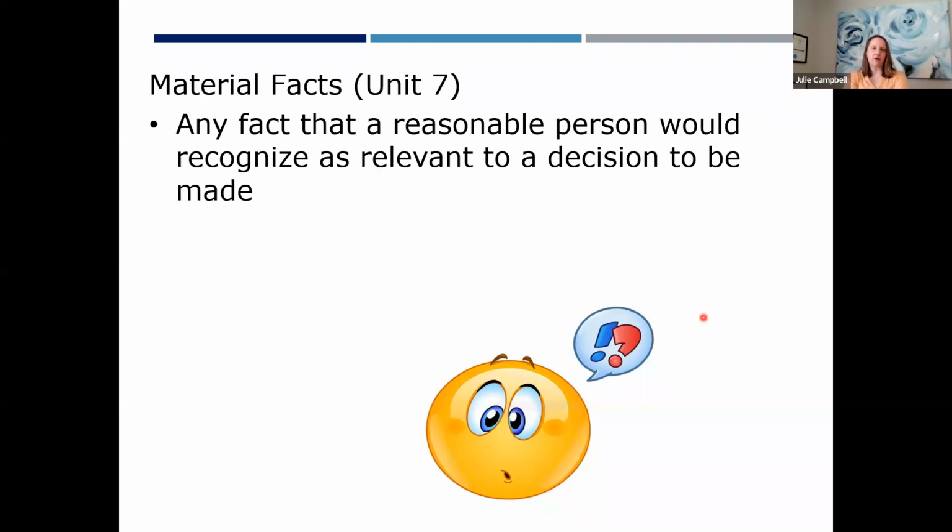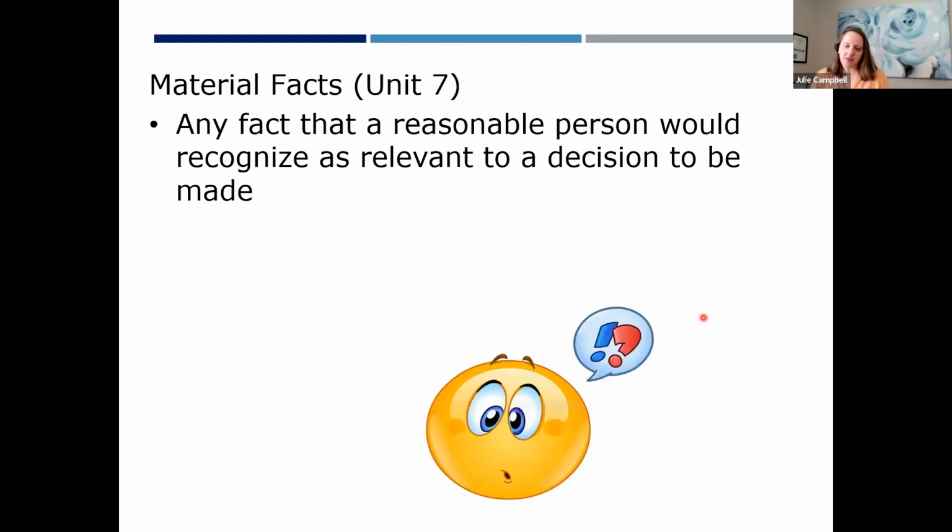If you were to Google material facts, this is probably what you're going to find. When we get into Unit 7, we're going to learn that the Real Estate Commission has taken this big, broad definition and broken it down into specifics. And they've given us some things that are specifically material facts. And environmental issues are going to fall under those specifically material facts. So again, just keep in mind, we'll do our deep dive in material facts next week.